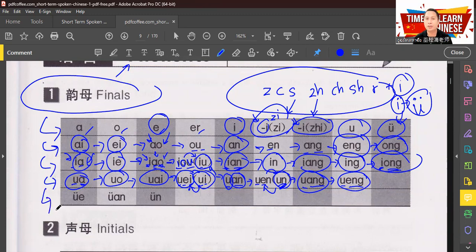We will go to the last row. Last row is the 5th row. U and dot above U. We say like yu. Can you remember? So U mixes with E after other finals.